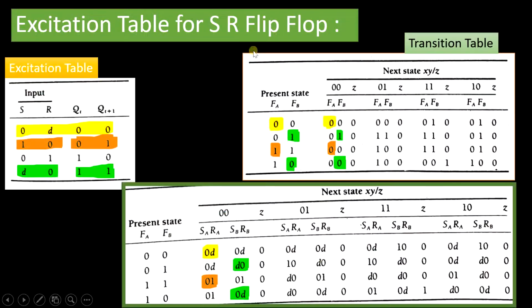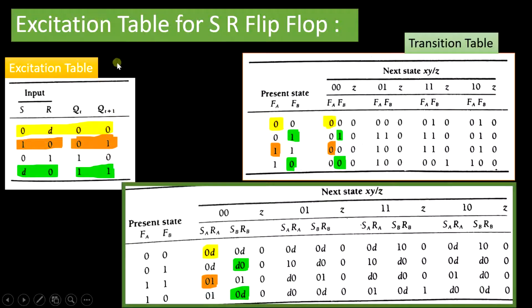So I have written the application table here, and we have the transition table here. This transition table, as I mentioned, is the same for all the cases. Throughout, for the same state diagram, we are trying to understand how it is generated for different flip-flops.